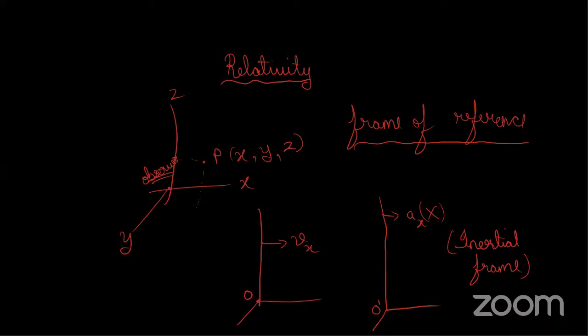So what is an inertial frame? It's a reference system moving without any acceleration. That is, there is no force acting on the reference system. So if a is 0, that is ax equals 0, then that reference system is called an inertial frame of reference.